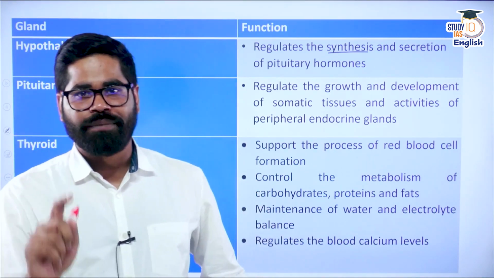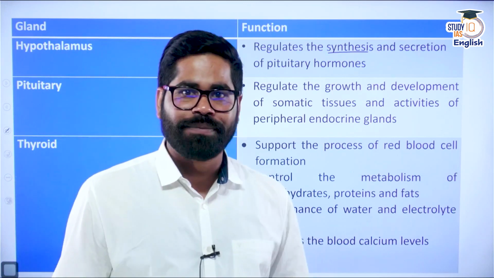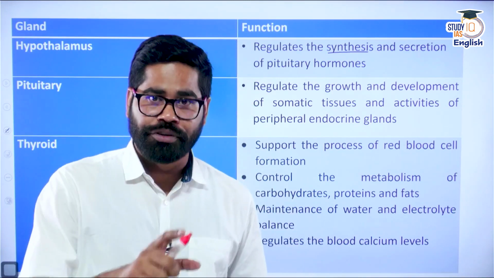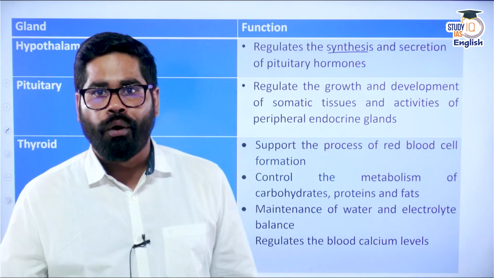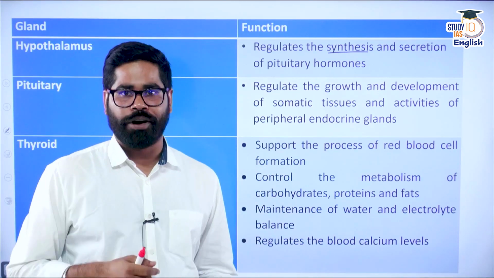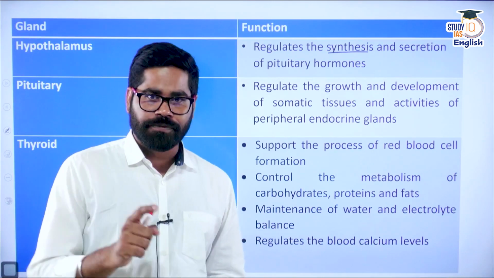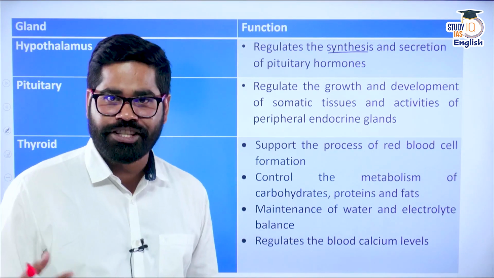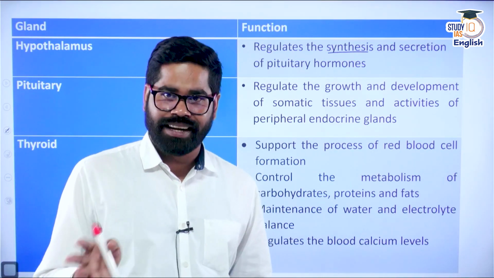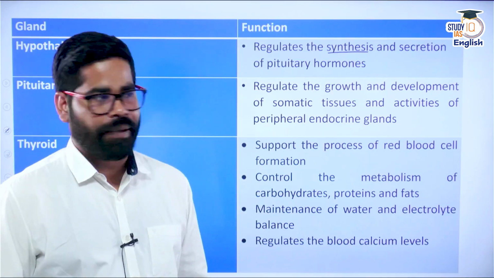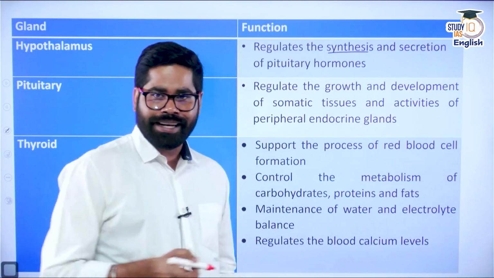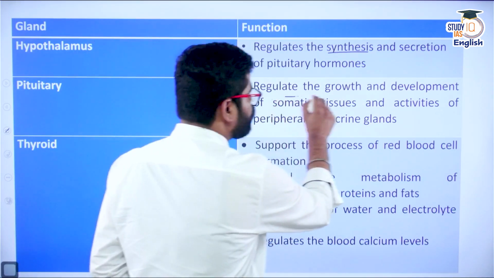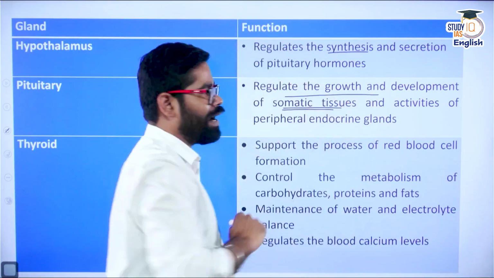The hypothalamus is responsible for activating the pituitary gland, and the pituitary gland is responsible for activating all the other endocrine glands of the body. So its first function is to regulate the secretions from the other endocrine glands of the body. At the same time, it is also regulating the growth and development of somatic tissues.